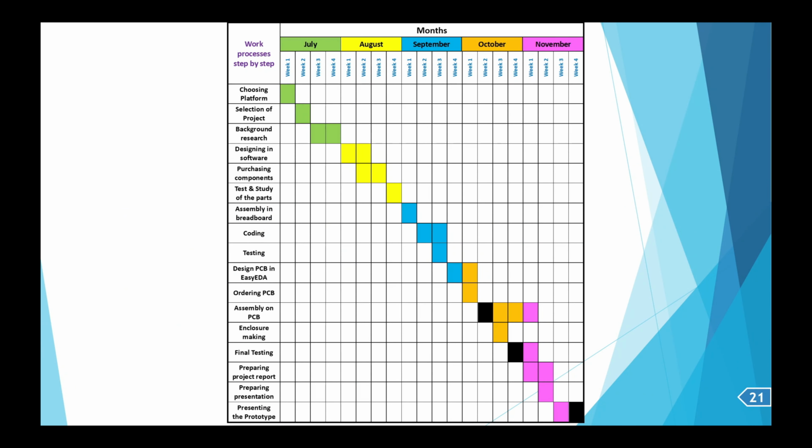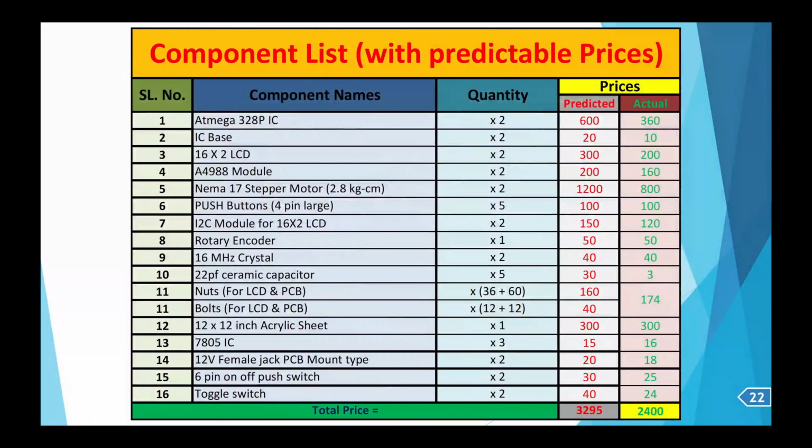This is the work plan from the first week of July till the last week of November. The complete working steps have been shown over here, and this is the costing of our components along with the component list, whatever we have used throughout this project, considering both manual and automatic controller.